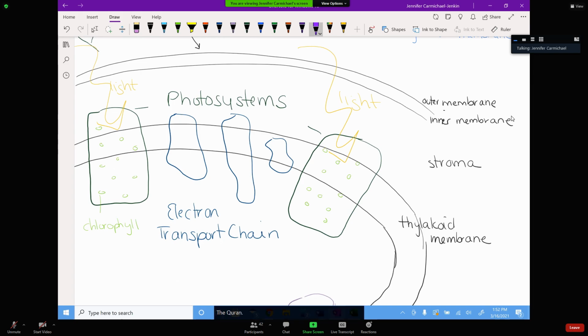The chlorophyll absorbs the light energy. What that does is bump the electrons in the chlorophyll to an outer shell.